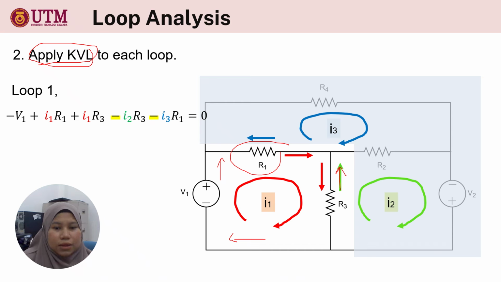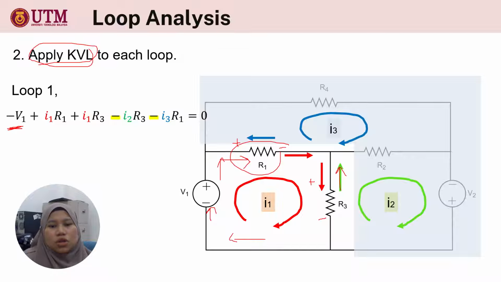Remember also, the current goes to the negative terminal. What is the voltage? Yes, negative. The current coming to the negative terminal will be negative V1. And then here, the resistor. For passive elements, resistor, inductor, capacitor, if there is no positive or negative indicated here, we always put it like this, following the current direction.